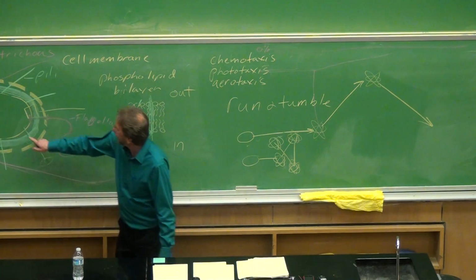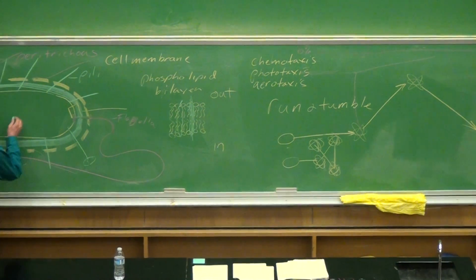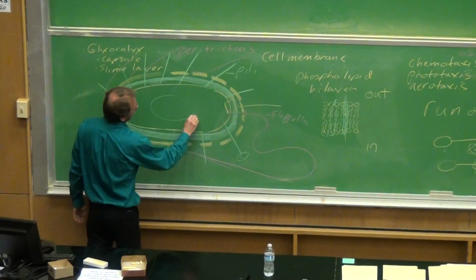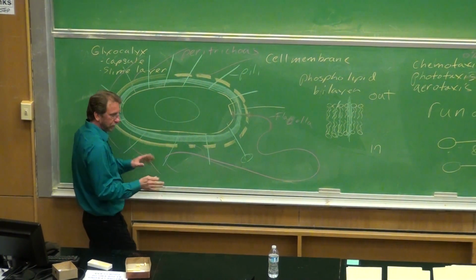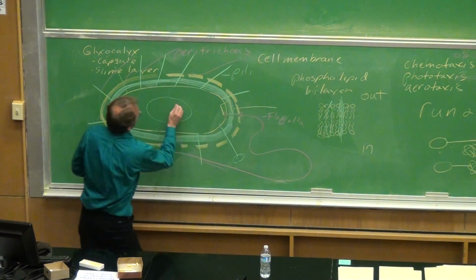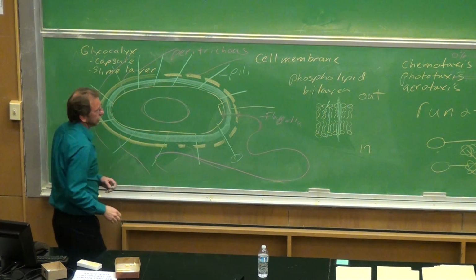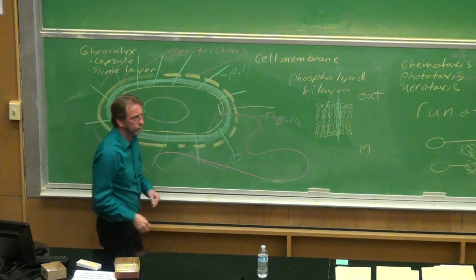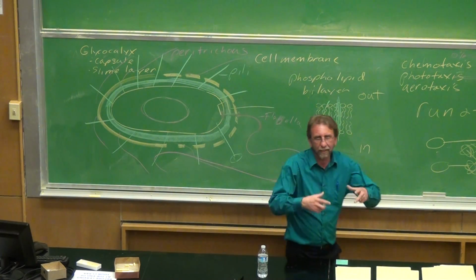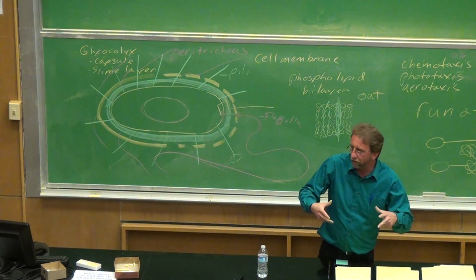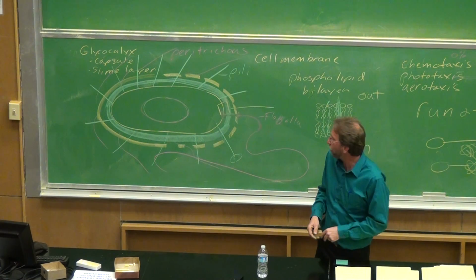What do we find inside the cell? Of course, you're going to have the genetic material, and you'll see it referred to as a nucleoid, just because a lot of times it's located in one general area.